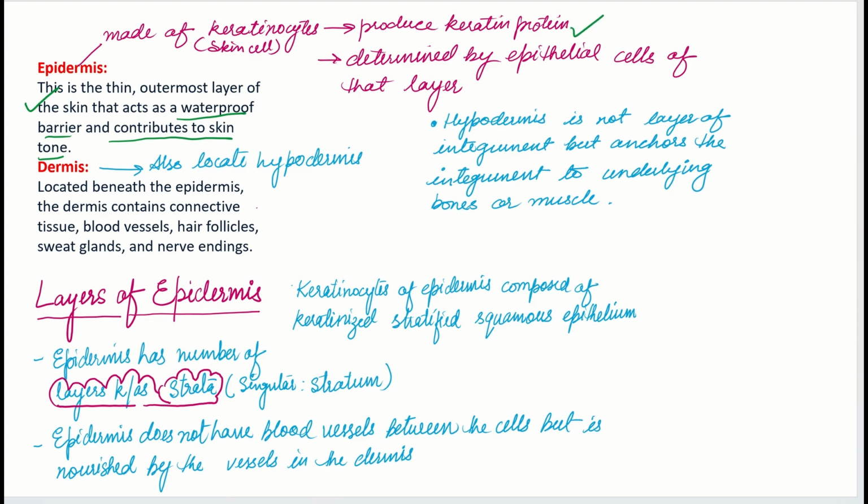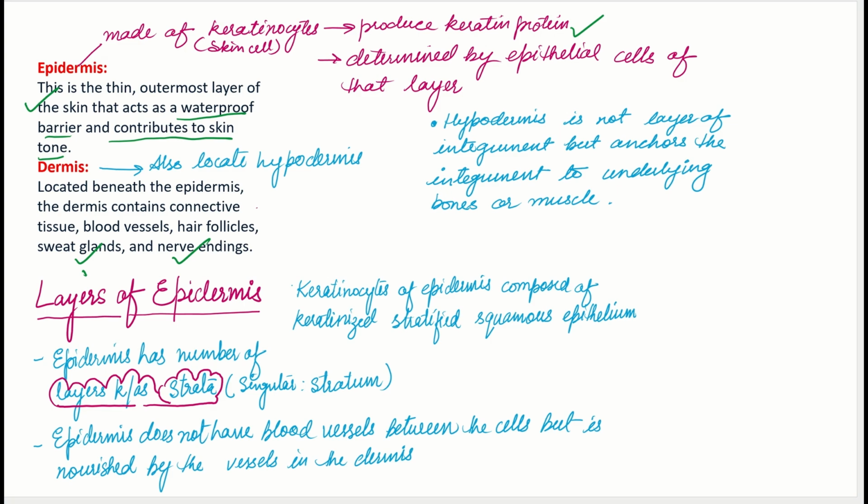This is the superficial layer of the human body, and next to this is the dermis, located beneath the epidermis. The dermis contains connective tissues, blood vessels, hair follicles, sweat glands and nerve endings.